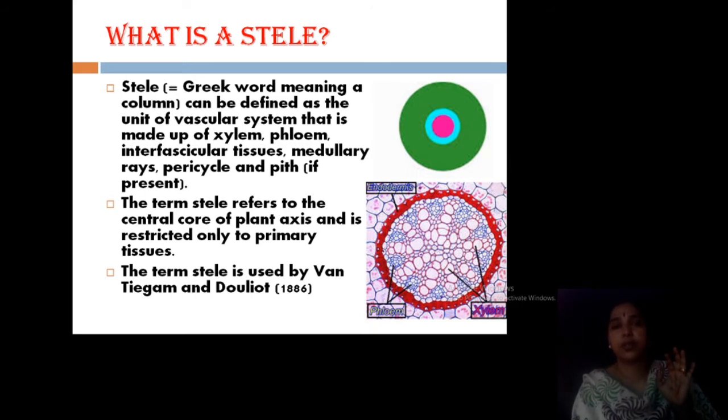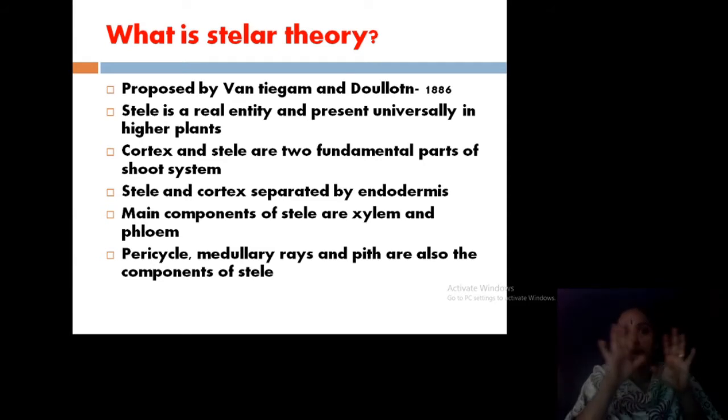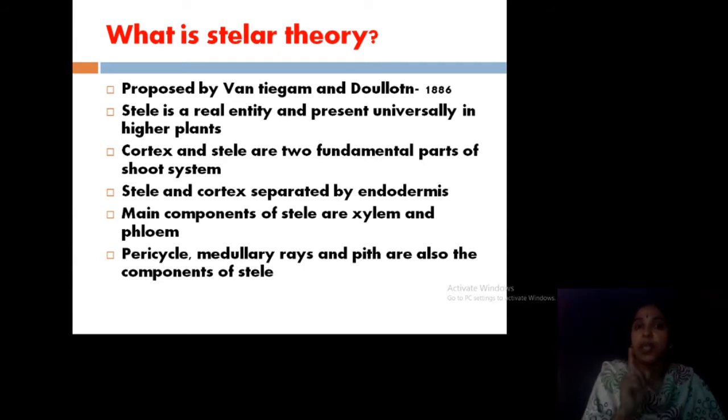Okay. Yes. Now, there is a stelar theory proposed by Van Tieghem and Douliot. What does stelar theory mean? Stele is a real entity and present universally in higher plants. In all higher plants it is present. And the cortex and stele are separated by a layer known as endodermis, and the cortex and stele are the two fundamental parts of a shoot system.